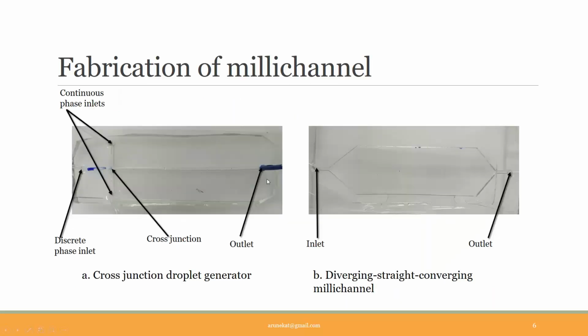And these are the images of final PDMS leak-proof channels. The first one on the left is a cross-junction droplet generator, and the continuous phase fluid enters through these inlets and discrete phase fluid enters through this inlet. This is the cross junction and this is the outlet. On the right side you can see a diverging straight converging millichannel.